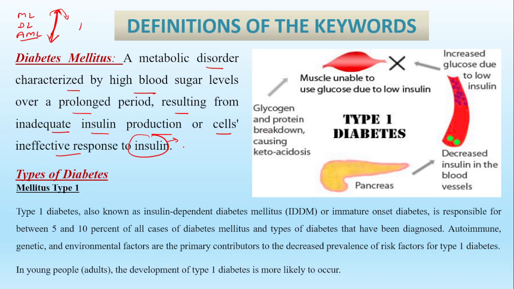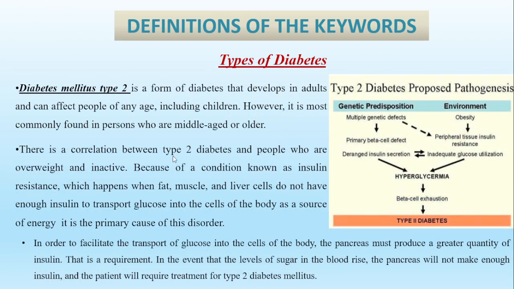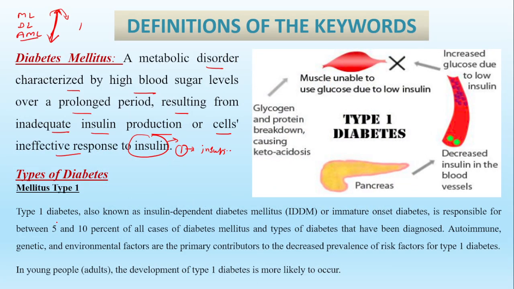These are the two points: first, insufficient insulin production, and second, inability to use insulin properly. These are the two types.